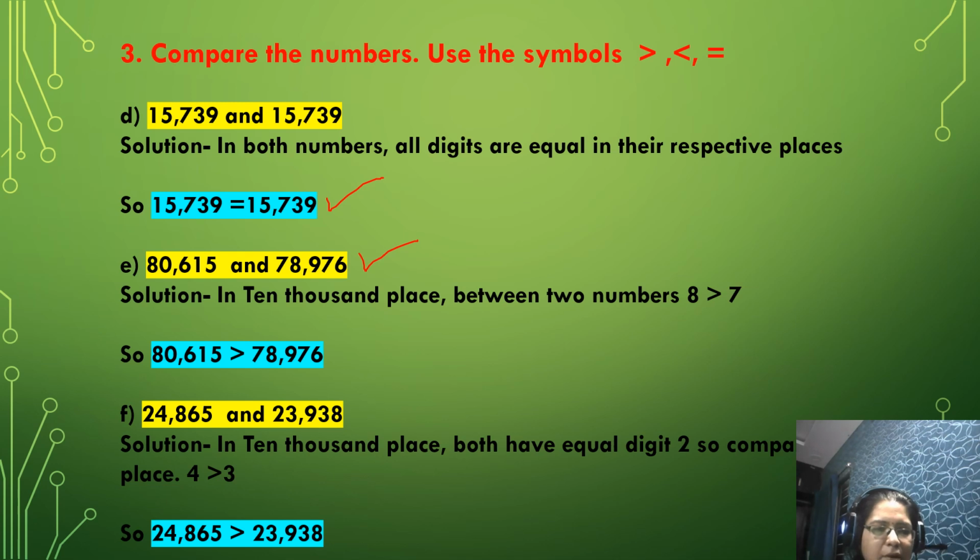In the first number, the digit in the 10,000 place is 8. In the second number, the digit in the 10,000 place is 7. We know 8 is greater than 7, so 80,615 is greater than 78,976.